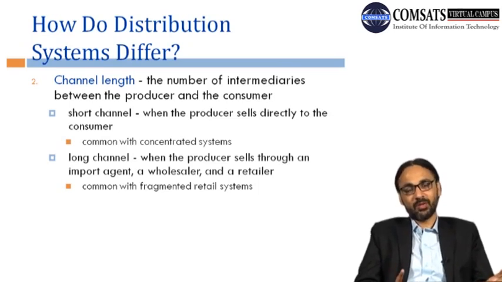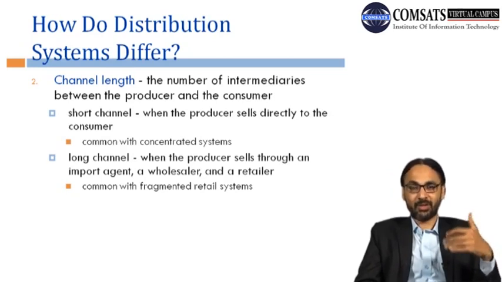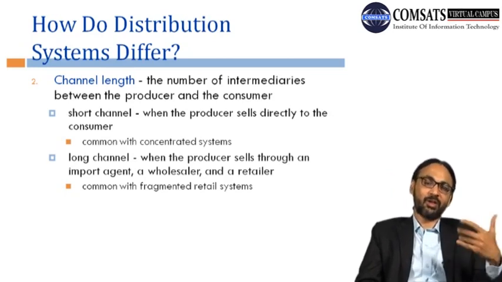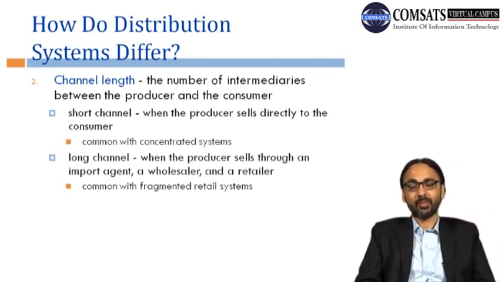The important thing to know is that the price of the product depends on the length of the channel. If 2, 3, 4 people are involved between the producer and the consumer, then everybody is going to take their own premium, charge extra price on the product, and ultimately the consumer is going to bear all the cost.